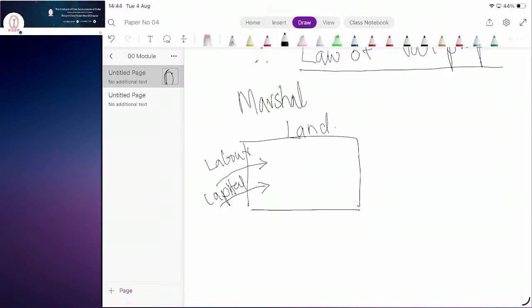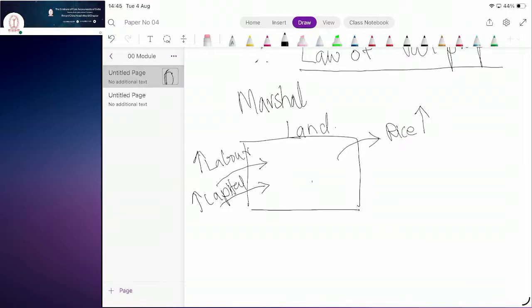If you keep increasing labor and capital and the output is, let us say, wheat or rice, what will happen to the output? As you keep adding the inputs of labor and capital, you will see that the rice output will also increase. Correct? But this land size is fixed.